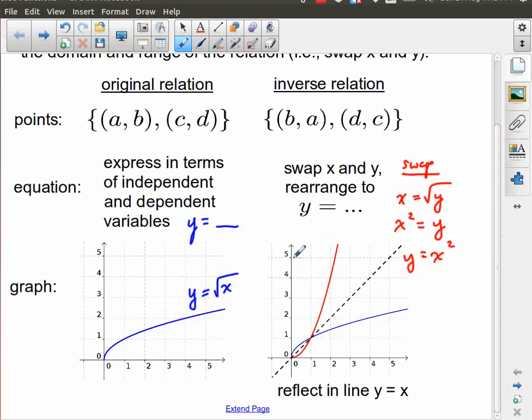We've talked about horizontal and vertical reflections, which occur in the x-axis and the y-axis. We can also take reflections in any line, and in this case, a reflection in the line y equals x, which is this dotted line, is how you can visually represent an inverse to a relation. So you can see that these red and blue lines are mirror images across this dotted line.